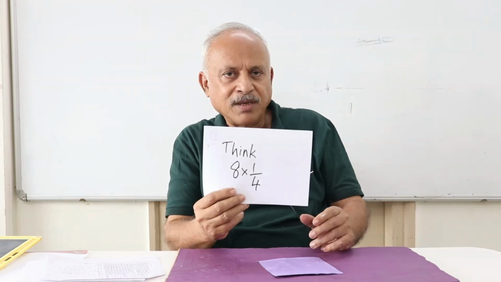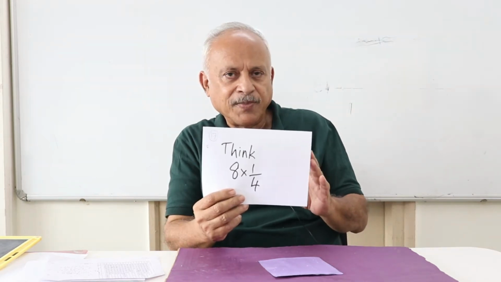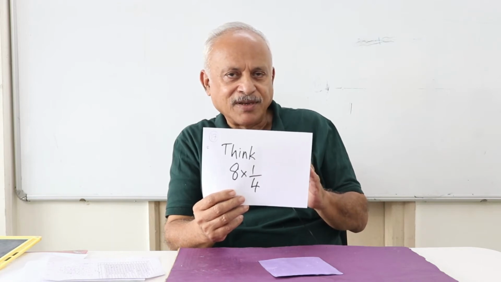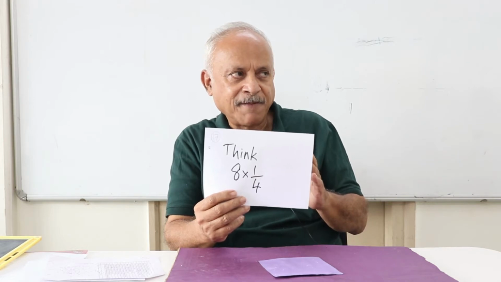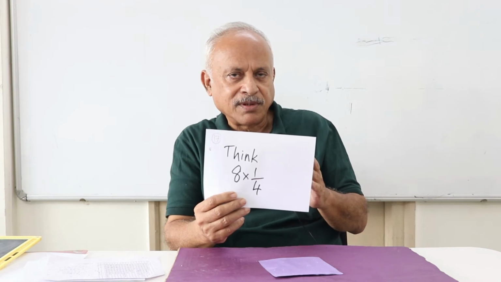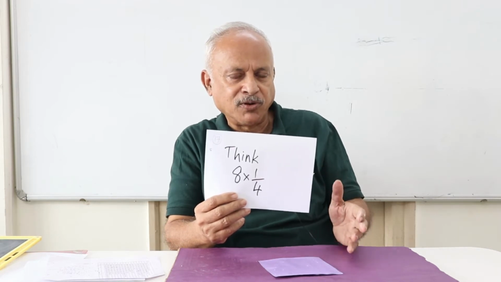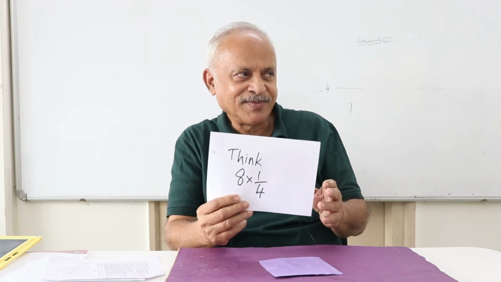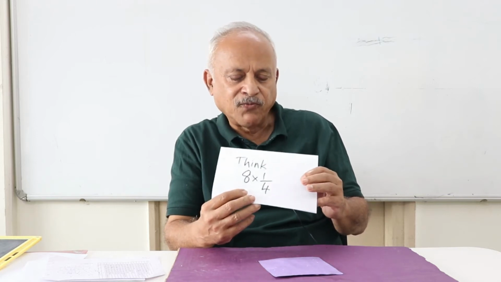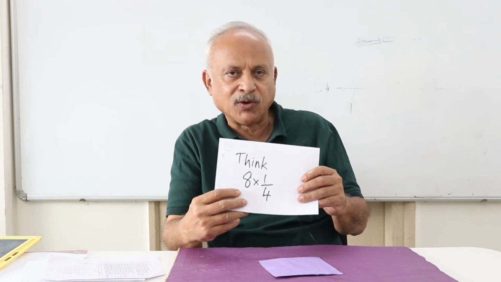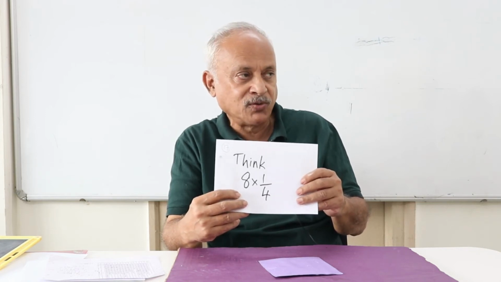Alright? I am giving you a next problem. I would like you to do it mentally. But if you need to cut the pieces and put them on your board, you can do that. But I think you can do it mentally. Are you ready? Alright, we saw that 4 pieces of 1 by 4 was equal to 1. We saw that 8 pieces of 1 by 4 was equal to 2.